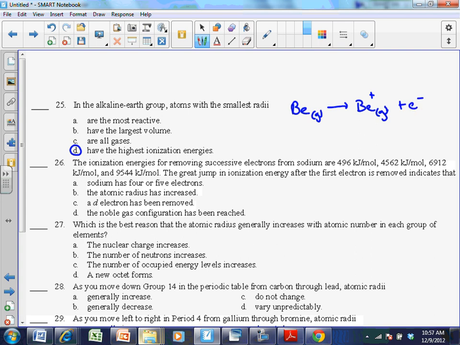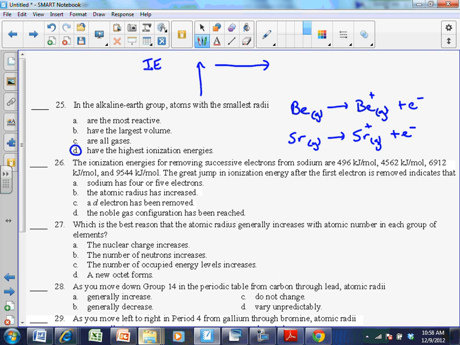You have to put more energy to do that than you do for strontium, because strontium is bigger. It's another group 2 element, and its valence electrons are further from the nucleus, and so it's easier to remove. So remember, ionization energy increases this way, and it increases this way. Okay?